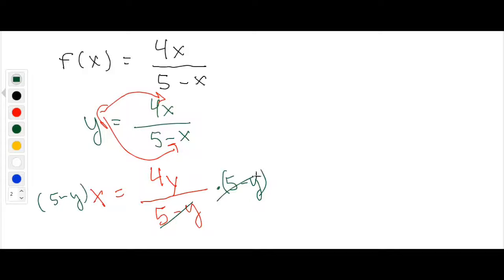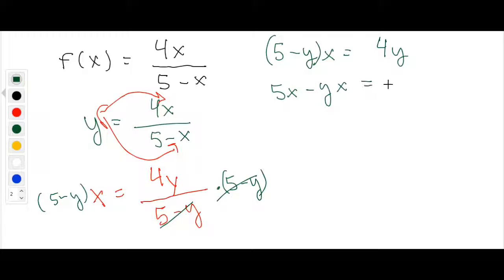So this gets canceled away, and now we are just left with (5 minus y) x equals 4y. Now we can distribute this out. So use the distributive property that you learned sometime in your math career, 5x minus yx equals 4y.